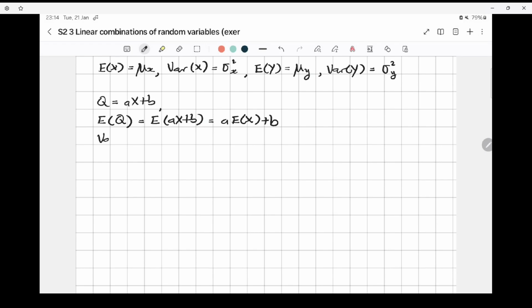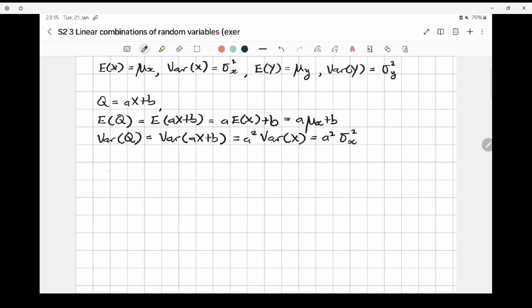The variance of Q will be the variance of aX plus b, and you just square the a and then take the variance of X. So on top this will be a mu x plus b, and the second version will be a squared sigma x squared.